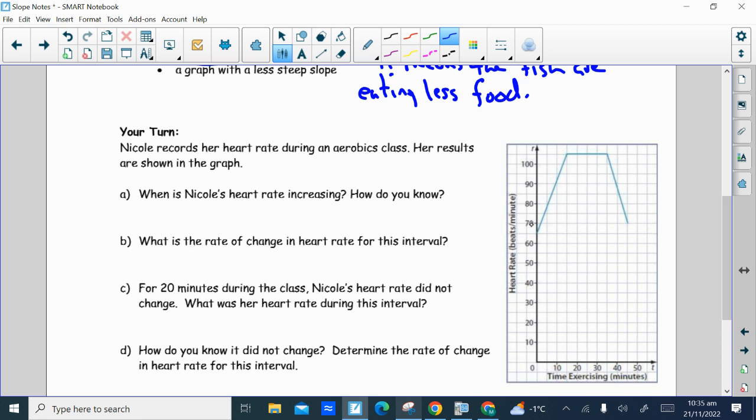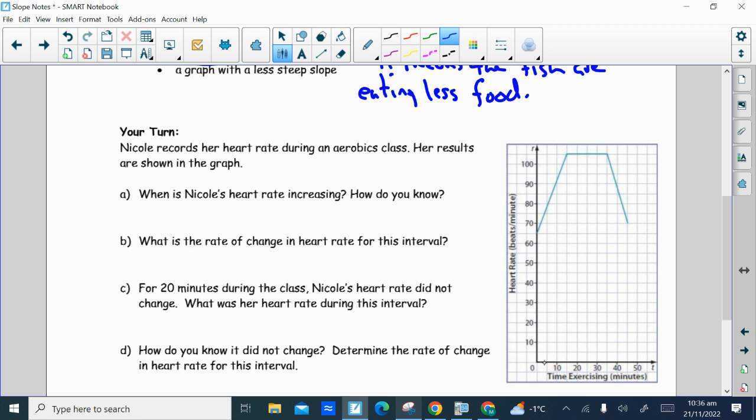The first part of it, where the line is increasing from 0 to 10 minutes. The second part where the line is staying the same, meaning that the heart rate isn't changing. And the last interval where the line is decreasing, or the heart rate is going down. So we have 3 different intervals to look at. Part A says, when is her heart rate increasing?